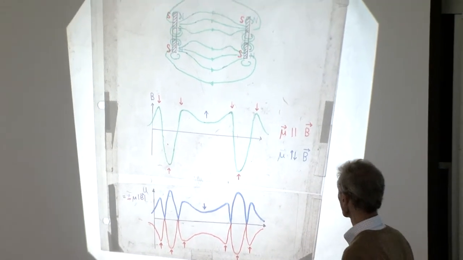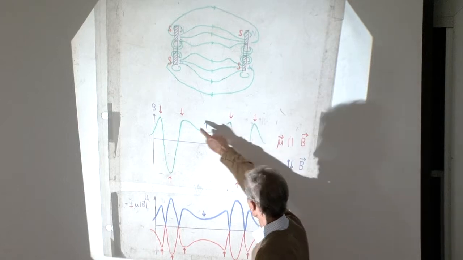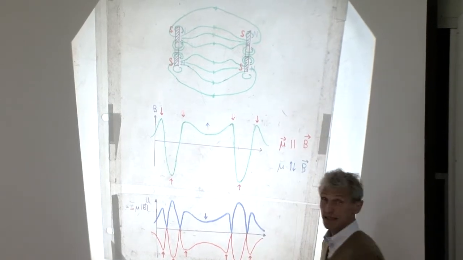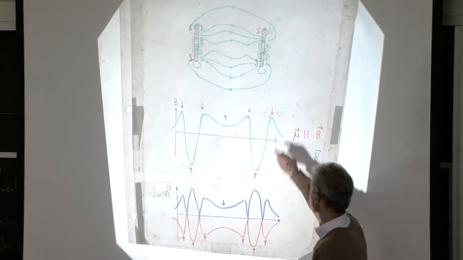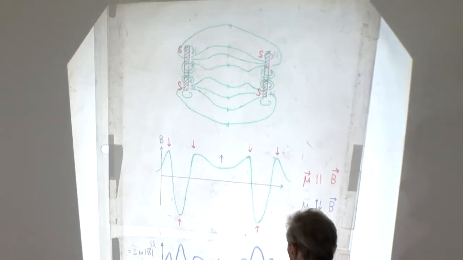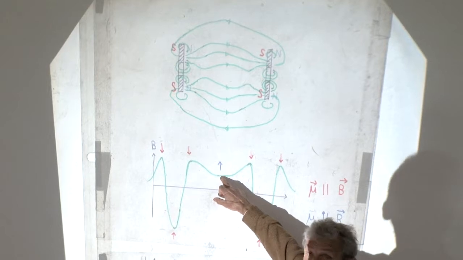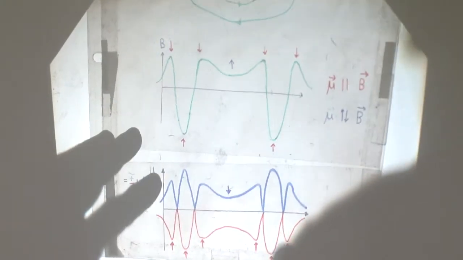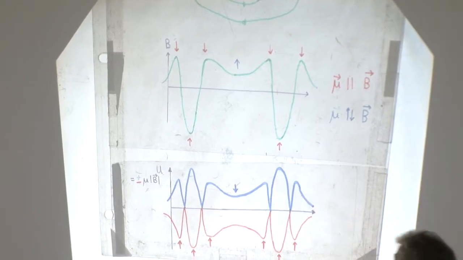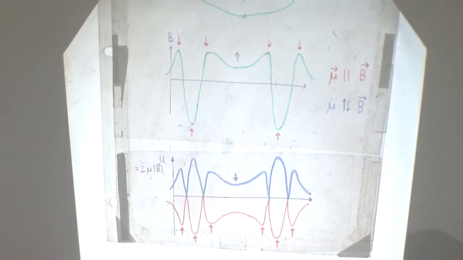But now if you look, there are 1, 2, 3, 4, 5, 6, the ones marked in red, which are for strong field seekers, because these are maxima of the magnetic field. And there is only one where the magnetic field has a local minimum. So in the last part, I have shown you the absolute value of the magnetic field.